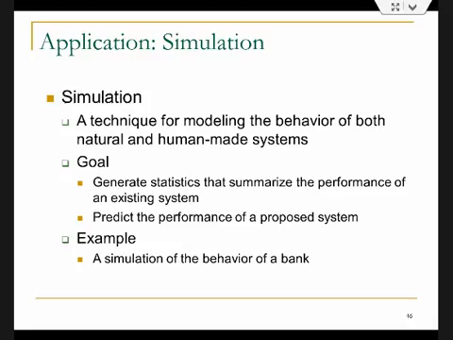So what is another thing we can use queues for? Well, we can simulate the behavior of both natural and human-made systems. For example, you're trying to generate statistics and then summarize the performance of an existing system, or try to predict what the system is going to look like, because sometimes you can't do it in real life.